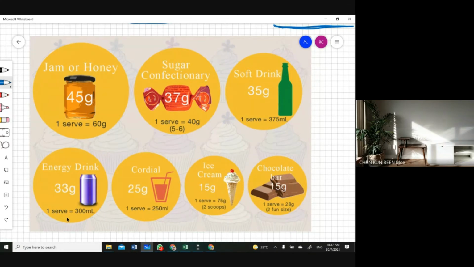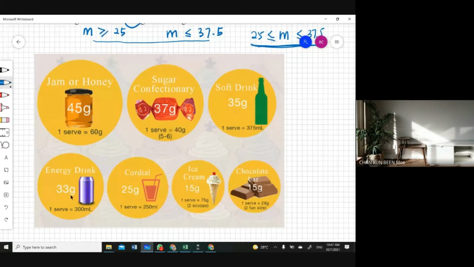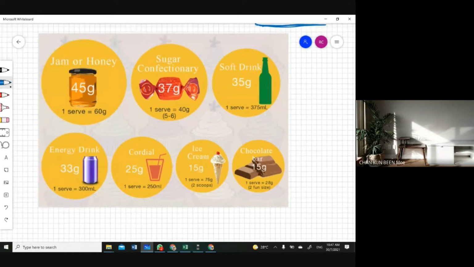Lastly, energy drink, a can like this, 300 ml, consists of 33 gram. So if you have used up 33 gram, you only can have 4.5 grams left for that particular day. So control your sugar, because sugar is a very dangerous thing. When you consume too much, you will have too much sugar in your body that will cause a lot of disease.